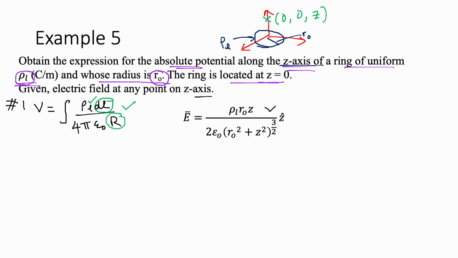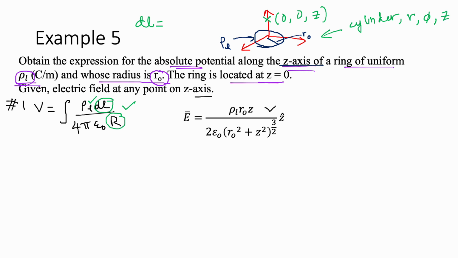So the dl for this structure, the appropriate orthogonal coordinate system for this diagram is going to be the cylinder, right? So it can be in r direction, phi direction, or z direction.